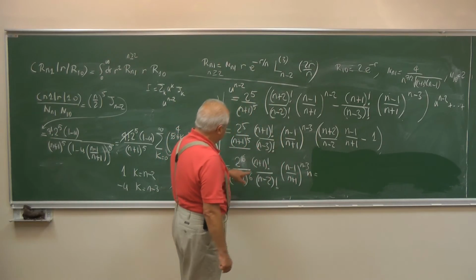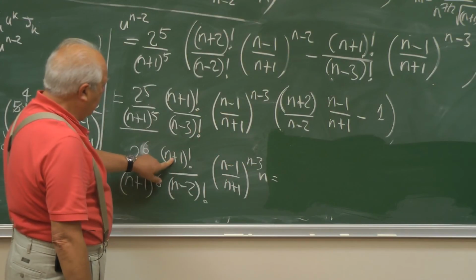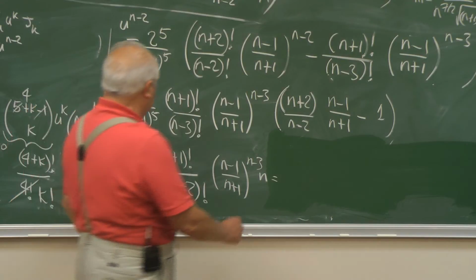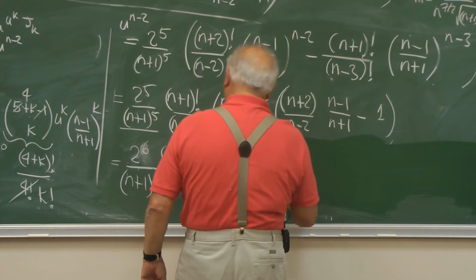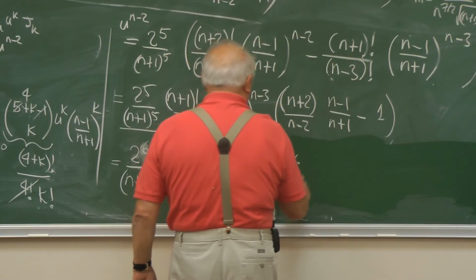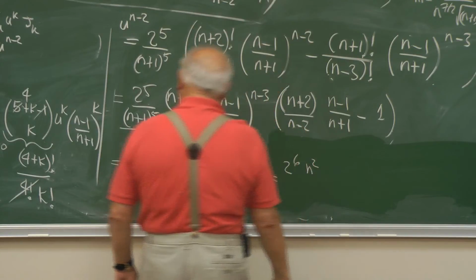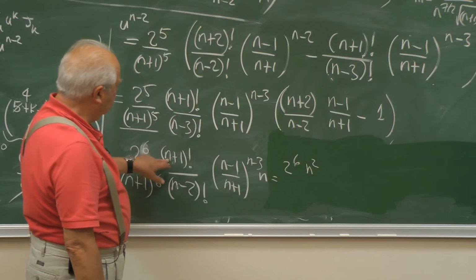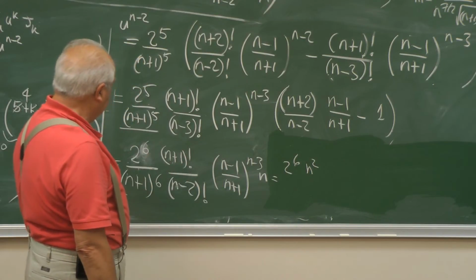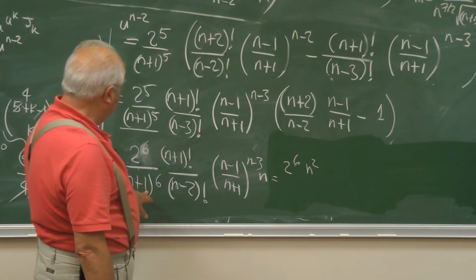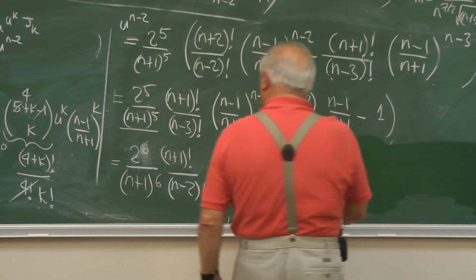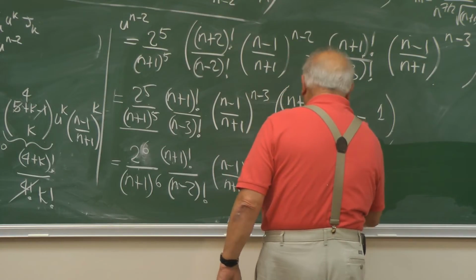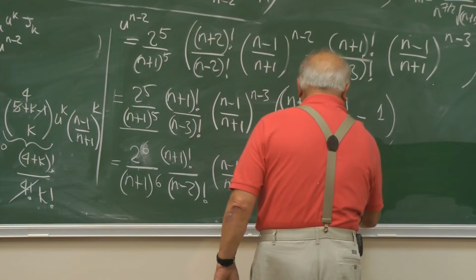All right, this is n plus 1, n minus 1 times n minus 2 factorial. So this is 2 to the 6 n square. One n from here, one n when we write it as n plus 1, n minus 1. All right, n plus 1 over 6.